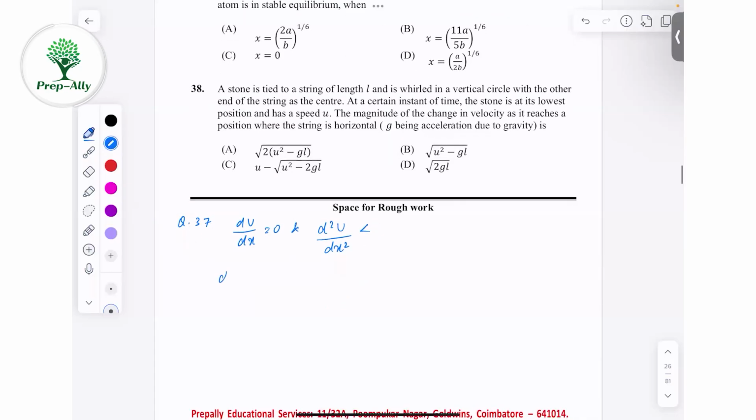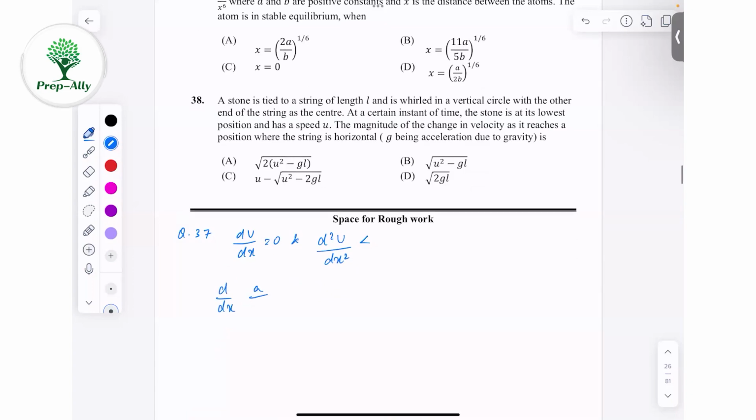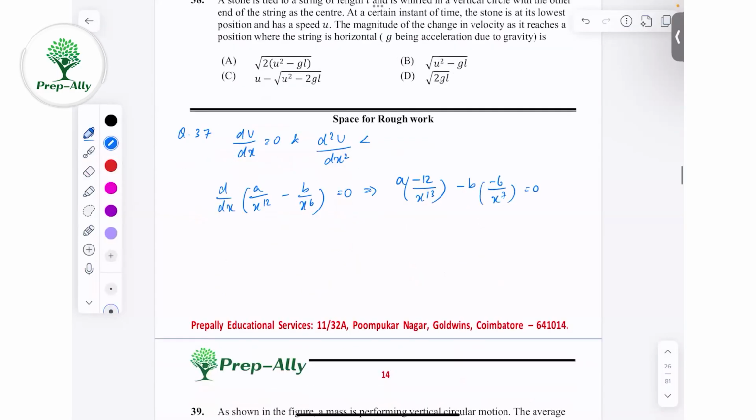So we get now d by dx of the function given here, a by x power 12 minus b by x power 6, is 0. So differentiating this, we get a into minus 12 by x power 13 minus b into minus 6 by x power 7 equal to 0. So that gives us 12a by x power 13 equal to 6b by x power 7.